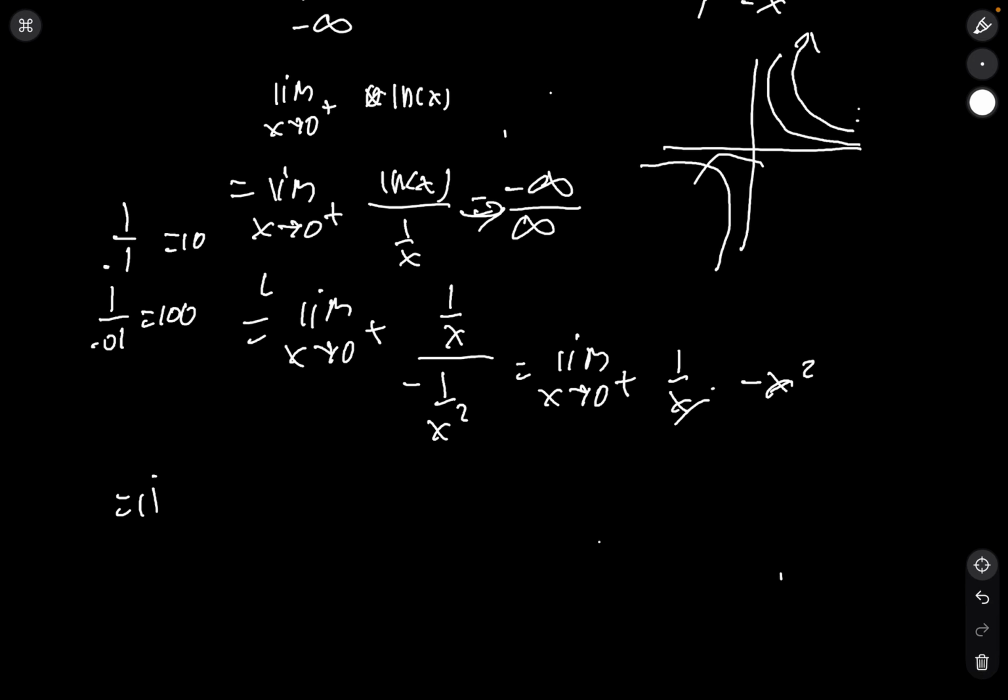Essentially, we get the limit as x approaches 0 from the right side of negative x, which in turn just becomes 0. And that's exactly how you rewrite a limit in order to make it work for you.